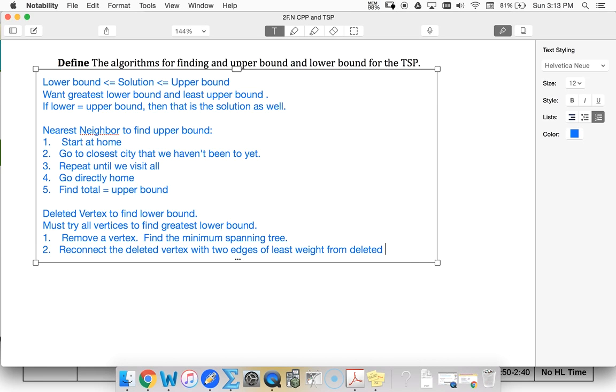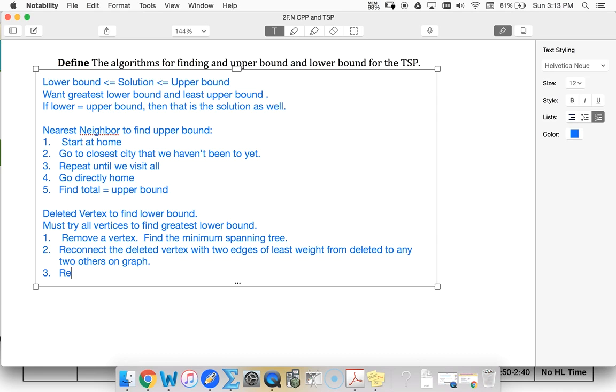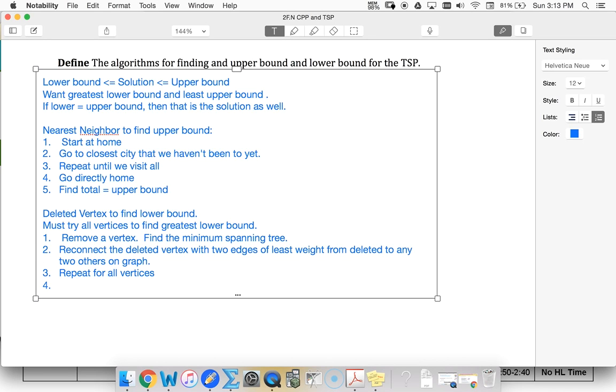Okay. So again, we repeat for all vertices. And then we take the largest for your lower bound. Again, we're trying to squeeze our solution between the highest lower bound we can find and the smallest upper bound we can find.